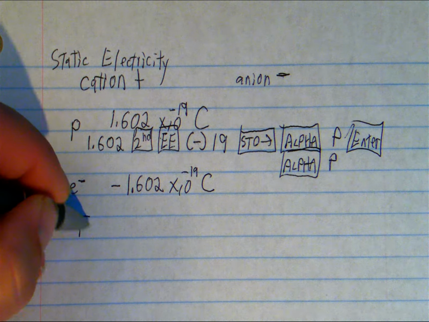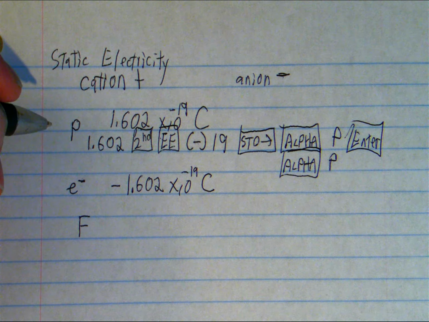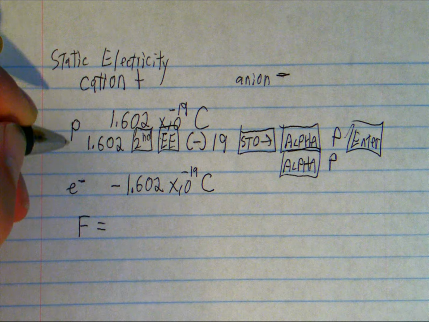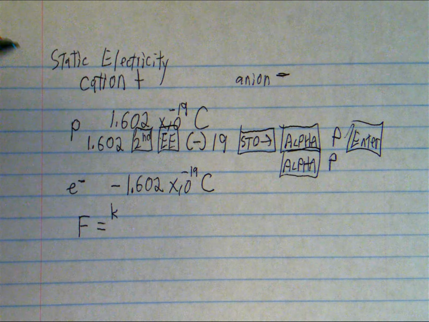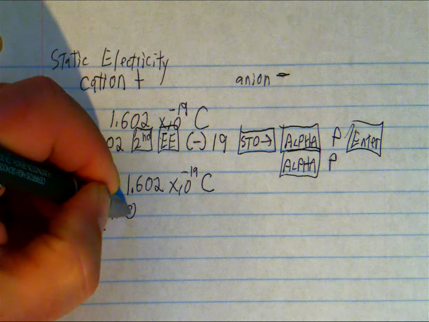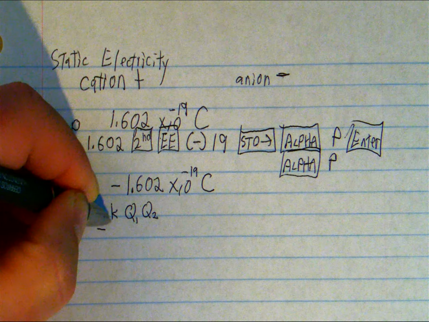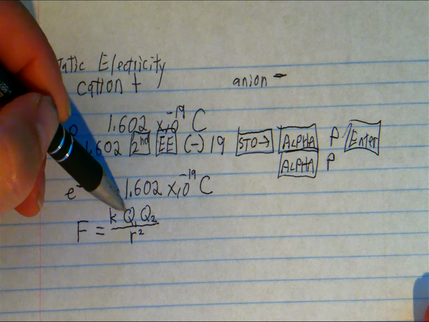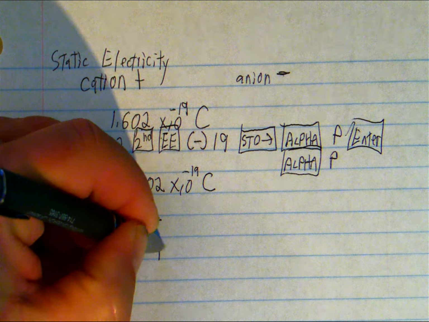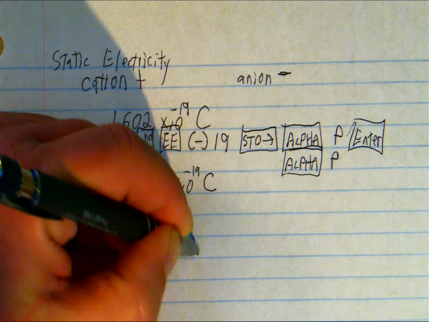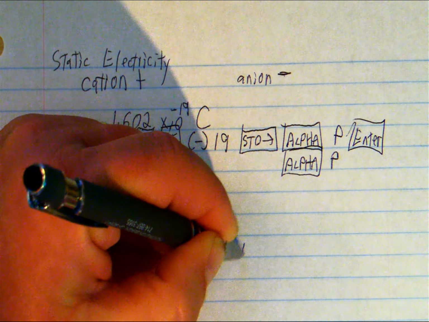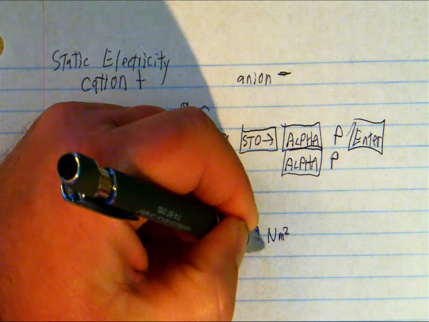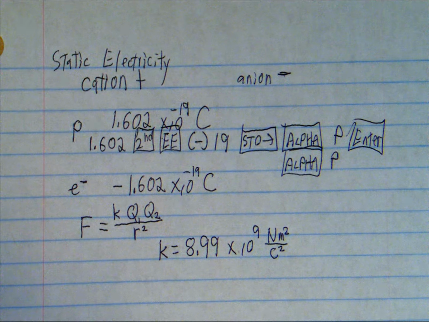Coulomb's law is the equation for calculating the electric force between two charged objects. The equation is lowercase letter k, which is called Boltzmann's constant, times Q1 times Q2 divided by r squared. Boltzmann's constant, k, has a value of 8.99 times 10 to the ninth power newton meters squared per coulomb squared.